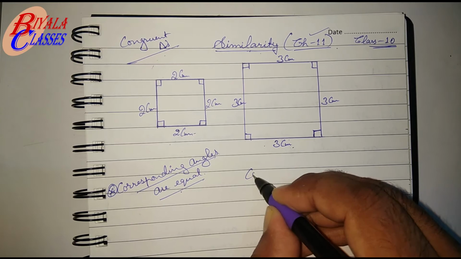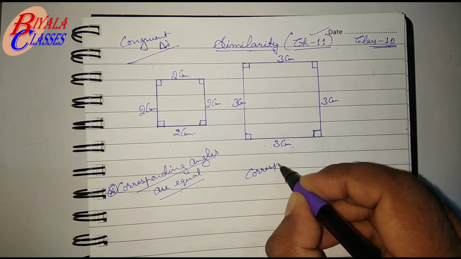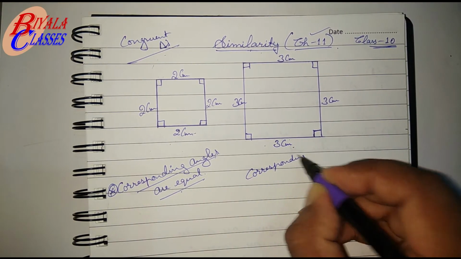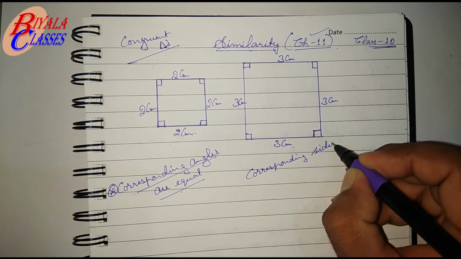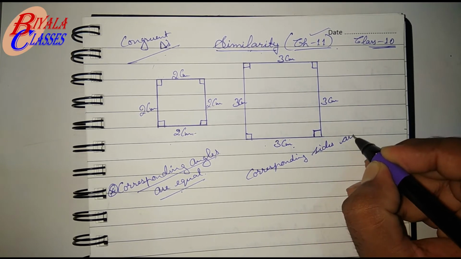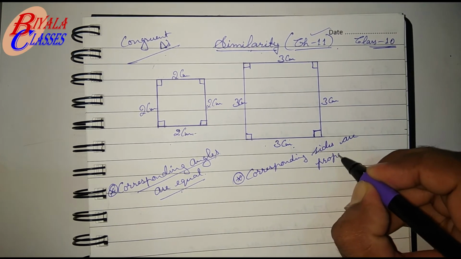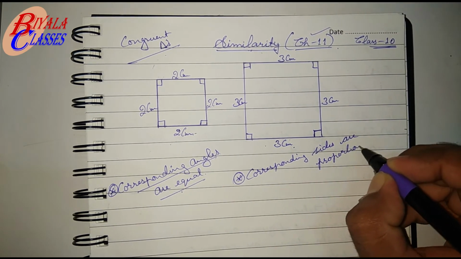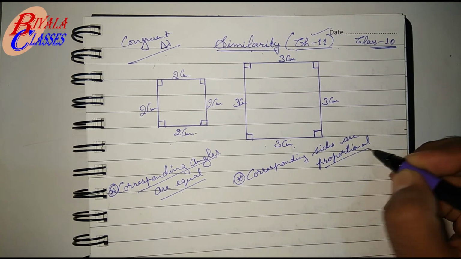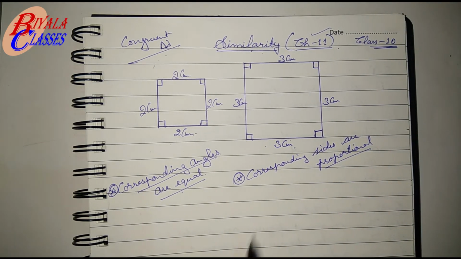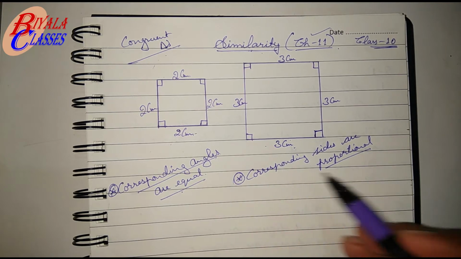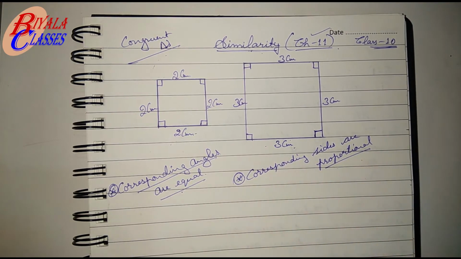Second is the corresponding sides. Here we cannot say that they are equal, but the corresponding sides are proportional. Proportional in the sense that if you take the corresponding sides, they should be of the same ratio.